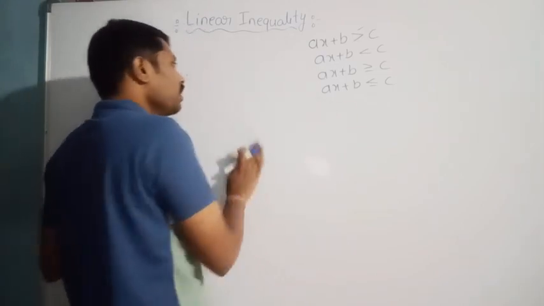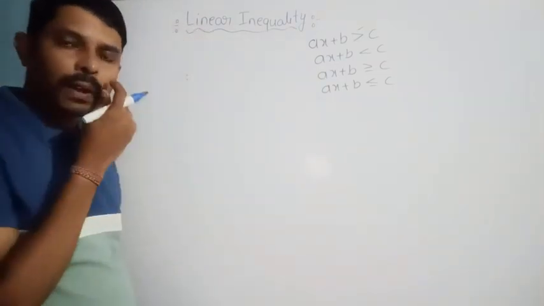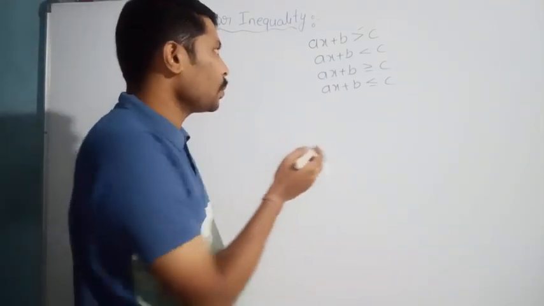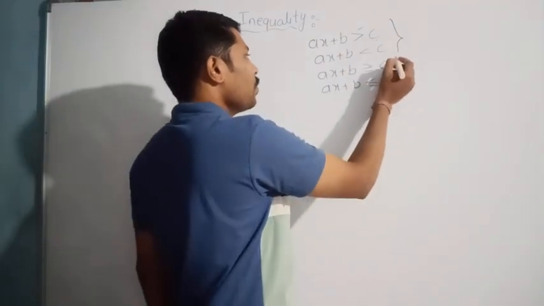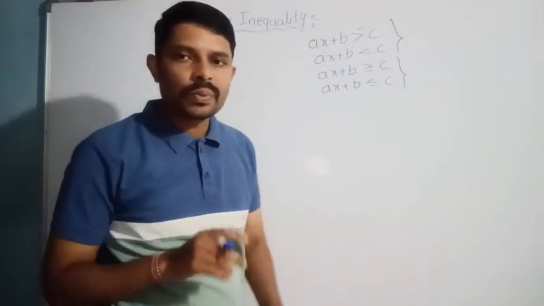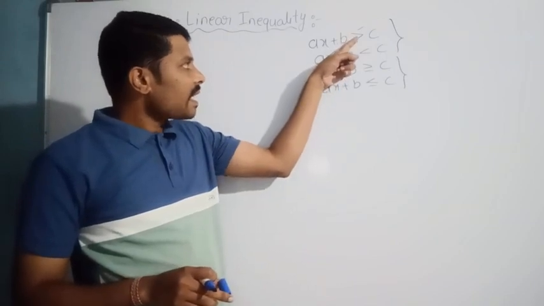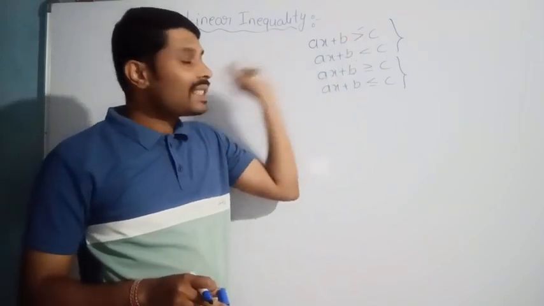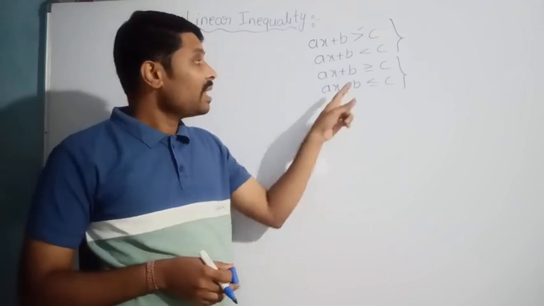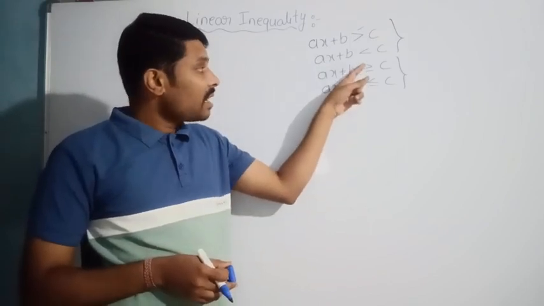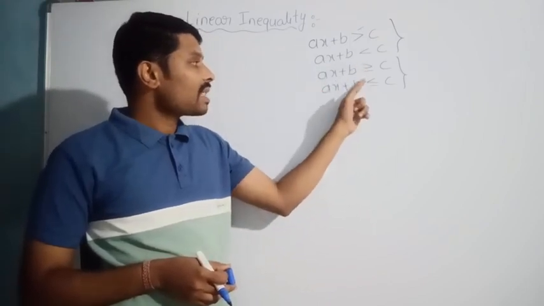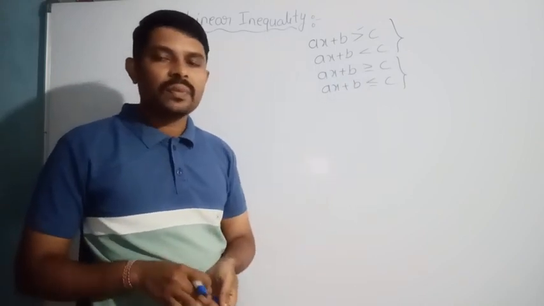Now students, if you observe the first two and the next two. Here just greater than is there, just less than is there. But in this case, greater than or equal to is there, less than or equal to is there.